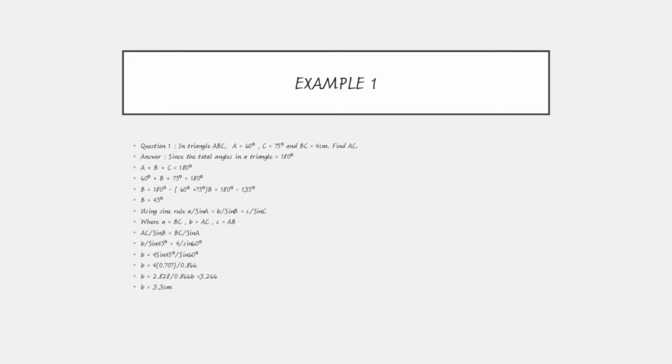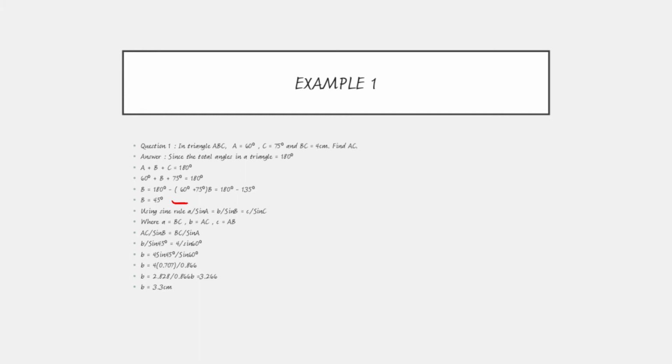Since the total angles in a triangle is 180 degrees, we need to find angle B. A plus B plus C equals to 180 degrees. Then we have angle B equals to 45 degrees. Then we can now use our sine rule. Remember, the sine rule states that A over sine A equals to B over sine B, which is the same thing as C over sine C.